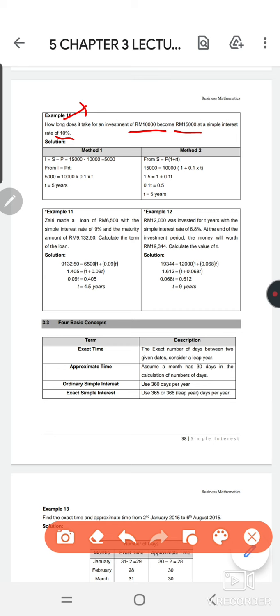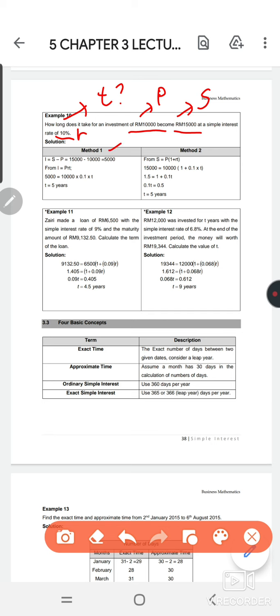Maksudnya dia nak berapa lama, so dia nak time. For an investment, maksudnya yang ni yang awak investkan. So yang ni nilai asal 10,000 means P become 15,000. So dia jadi 15,000. So nilai yang sekarang S at a simple interest rate of 10%. So dia bagi R. Okay, so sama juga.